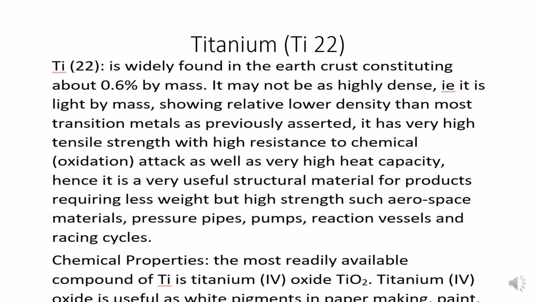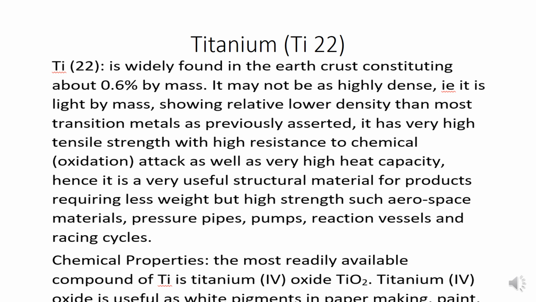At this point, we say that titanium can be a very good starting material for products that need light material but with high tensile strength, resistance to oxidation, and high heat capacity as well.